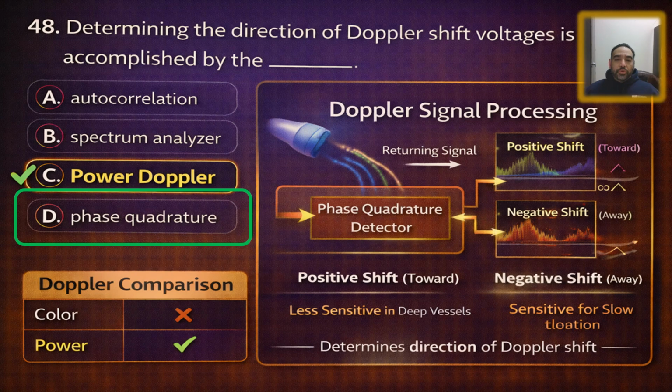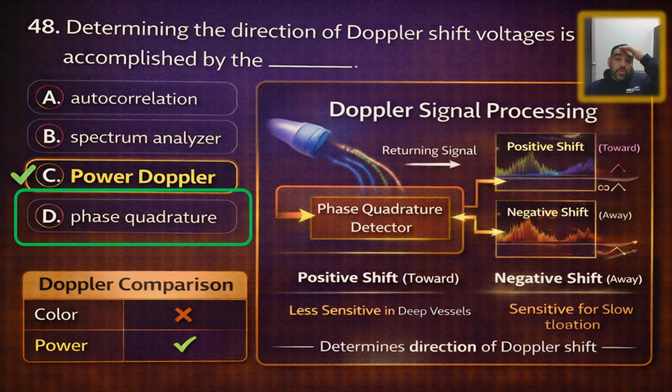The phase quadrature detector compares the received signal to a reference signal shifted 90 degrees in quadrature, and this allows the system to determine flow toward the transducer, which is a positive shift, and flow away from the transducer, which is a negative shift. Without phase detection, you'd only know that motion exists, not its direction.